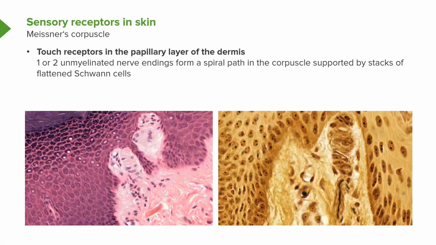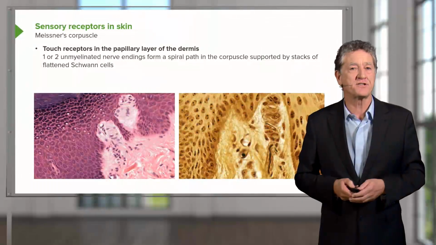Stained differently, you can just see a very fine, thin black line towards the base of the image. That's the axon, stained with a special stain. And that axon is going to project all the way up and be encapsulated by these Schwann cells. That's typical of a Meissner's corpuscle. Again, as I said, it's a touch receptor.